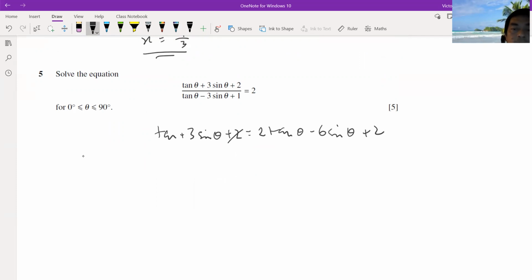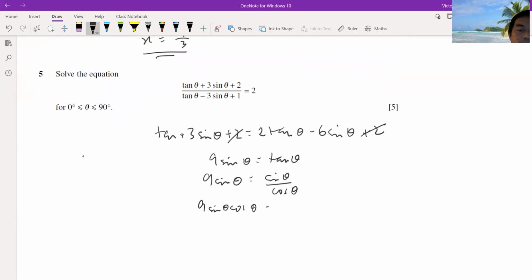Okay, cancel out the 2, they minus off each other, and you would have 9 sine theta equals tangent theta. Change the identity of tangent theta to sine theta over cos theta. Multiplying by cos theta, you get 9 sine theta cos theta equals sine theta.